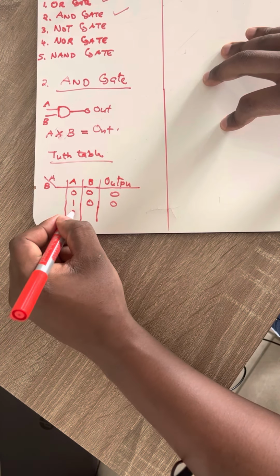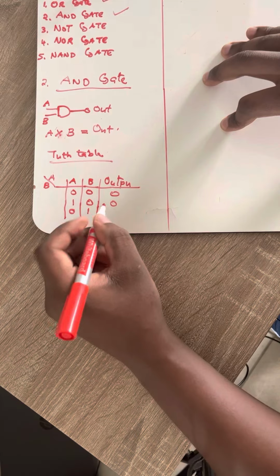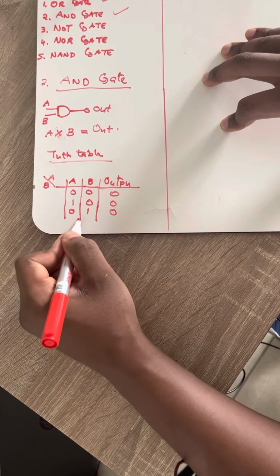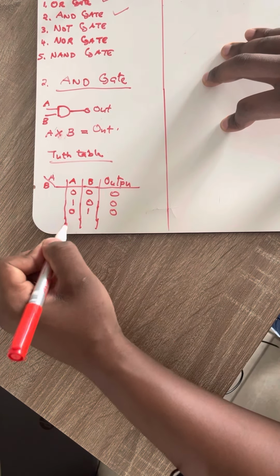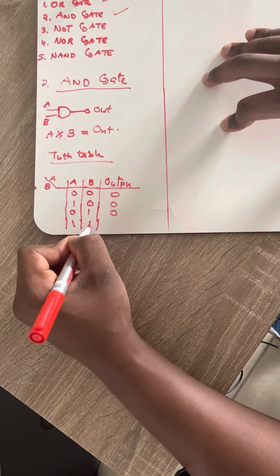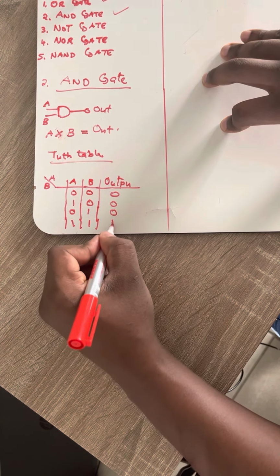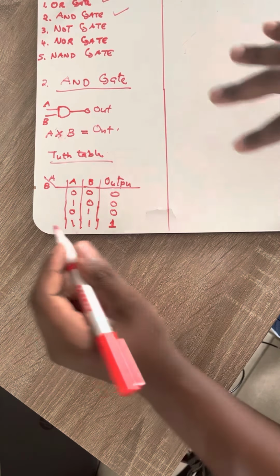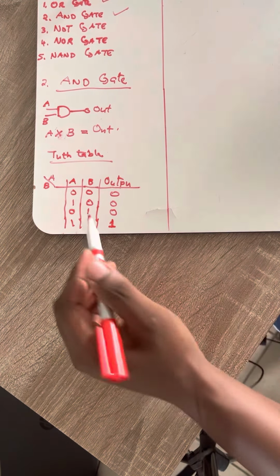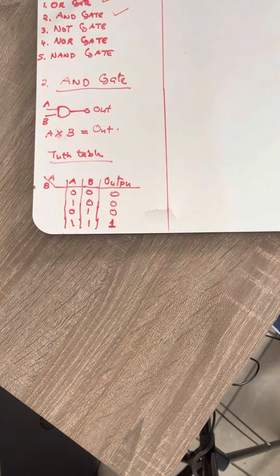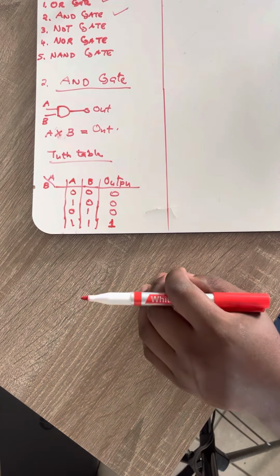If A is 0 and B is 1, the output is 0. When it's 1, 1, it's 1 times 1, so the output is 1. So the output can only be true when both A and B are 1 on the input.